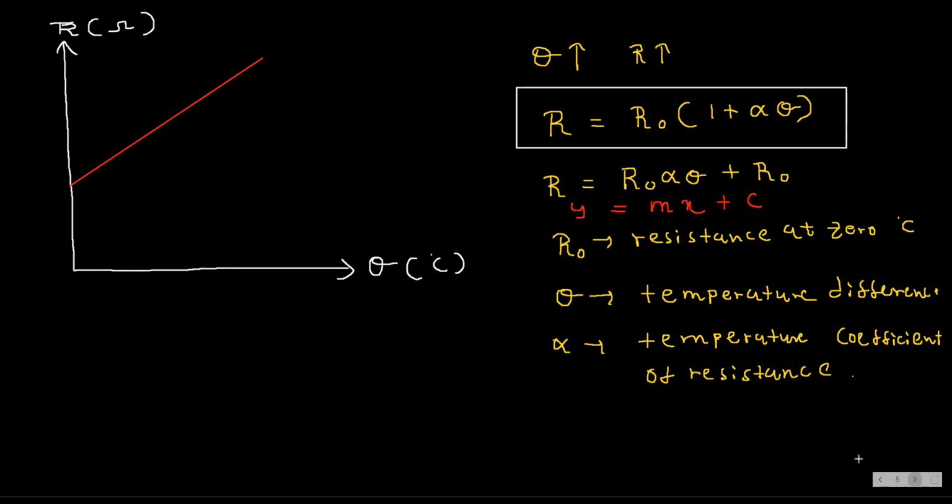Okay. Now I'm going to calculate the resistance. Considering I'm applying two voltages to this conductor. This one is a conductor, and I'm applying 20 volts to this end and 10 volts to this end.